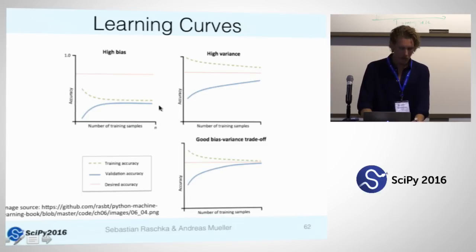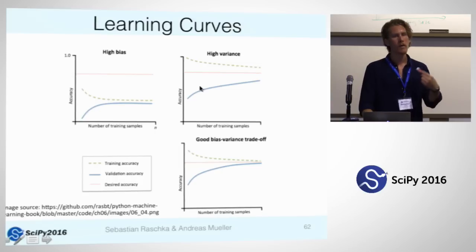The other problem is high variance. If our model is too complex, it will memorize the training set very well, but then it fails completely on new data or the test set, because it's so tailored to this particular data set that it doesn't generalize well. How can we recognize this?